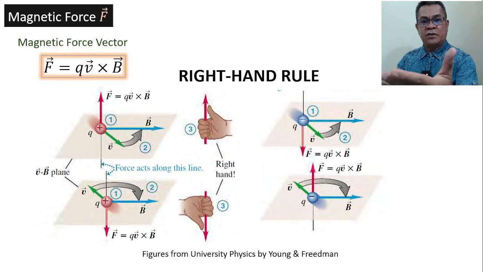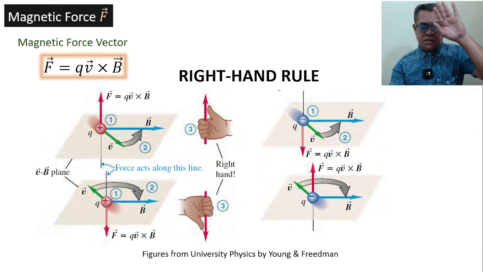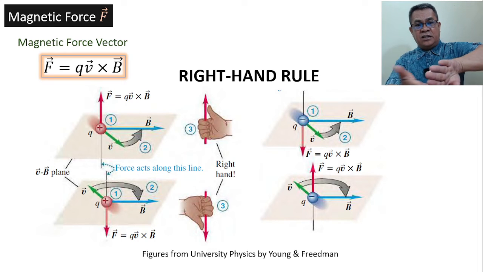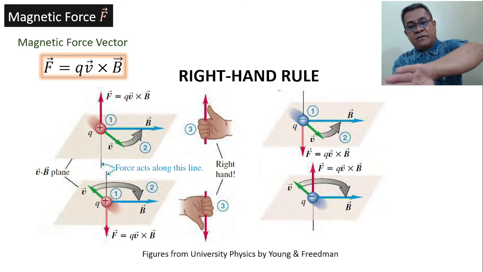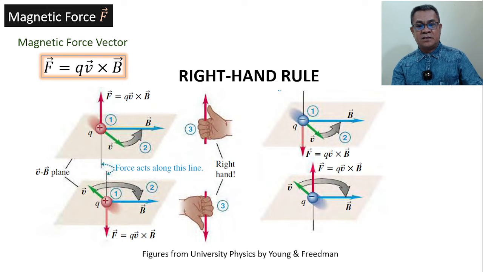So all you need to do is to reverse your hand, upside down, then you have to curl this because the strategy is align your four fingernails towards the velocity, then curl it towards the magnetic field. And notice your thumb is directed downward. So this is 2. Okay?